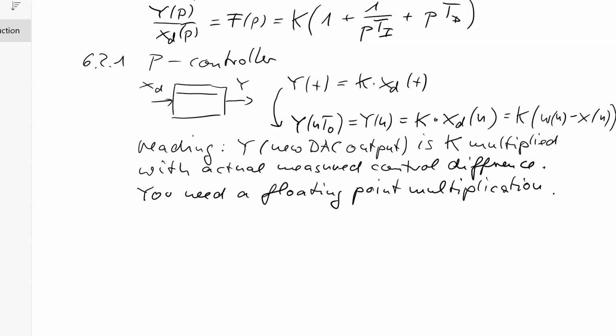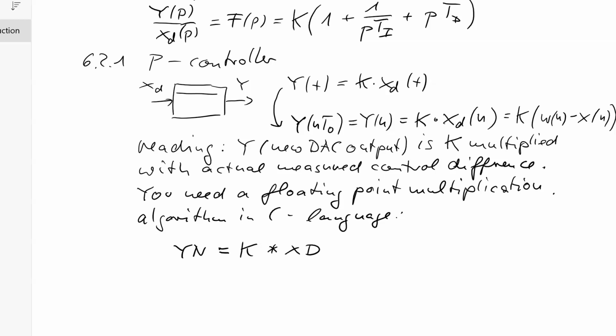That is the only thing you have to do, and then you can write the algorithm in, let's say, C language: yn is equal to k, and the multiplication in C language is the asterisk sign, times xd.